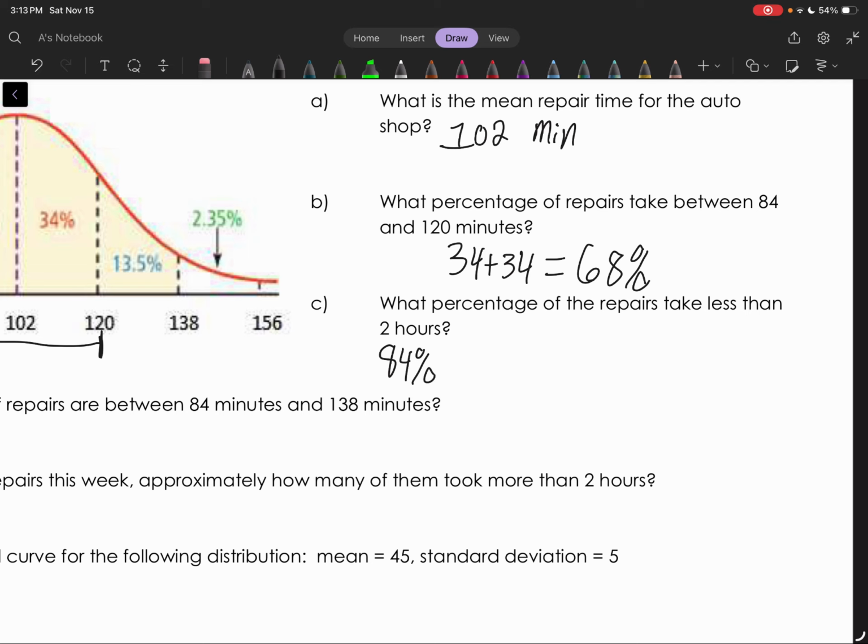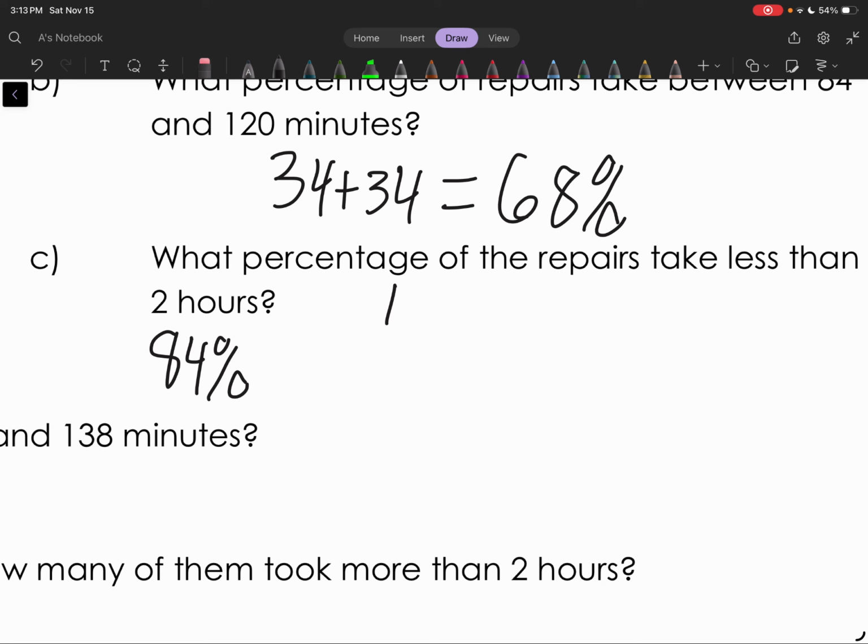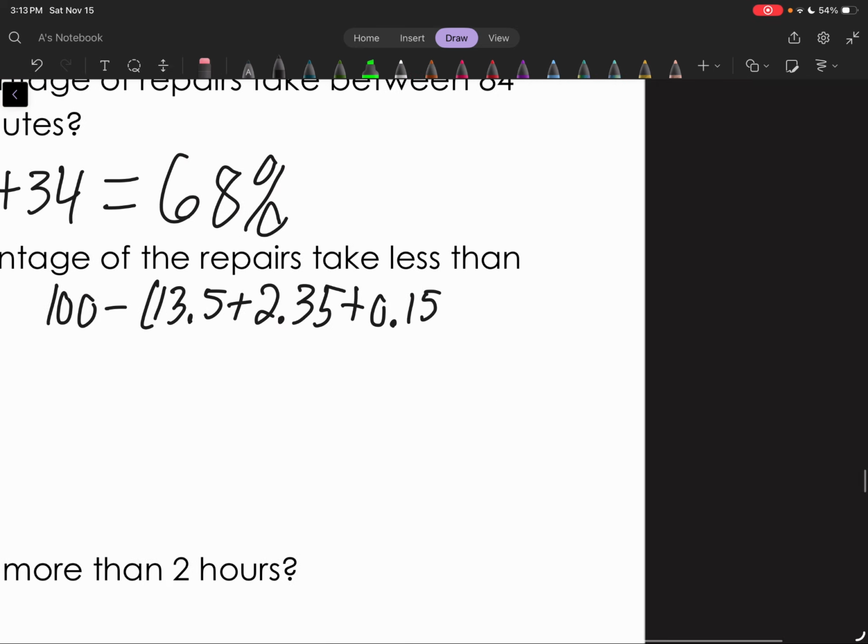Alternatively, you could do 100% minus 13.5 plus 2.35 plus your 0.15. That's off the right side. So this is 100 minus 16, which is 84%.